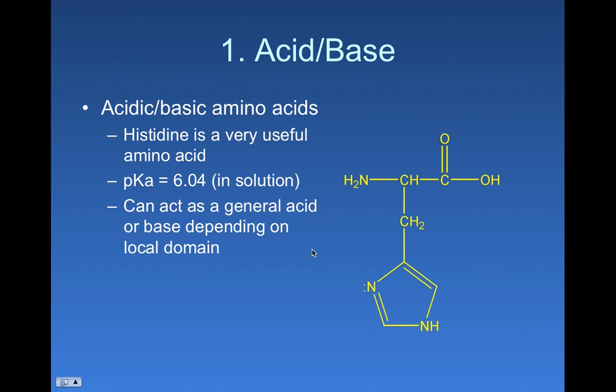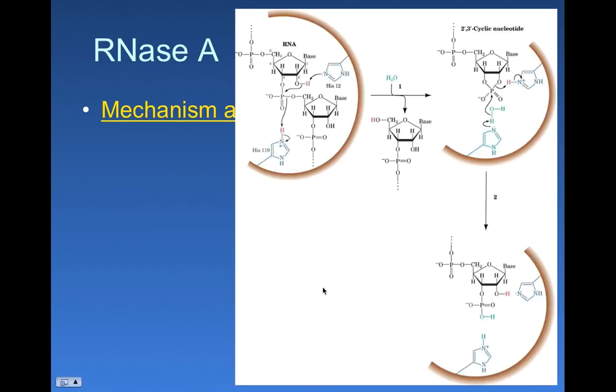And so histidine is often seen as acting as an acid and a base during the course of a reaction. So let's look at an example of an enzyme called RNase that uses histidines like crazy as acid-base catalysts in order to cleave RNA.